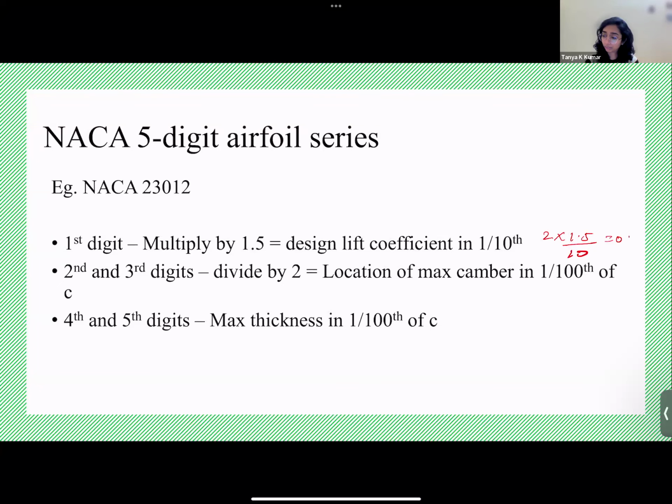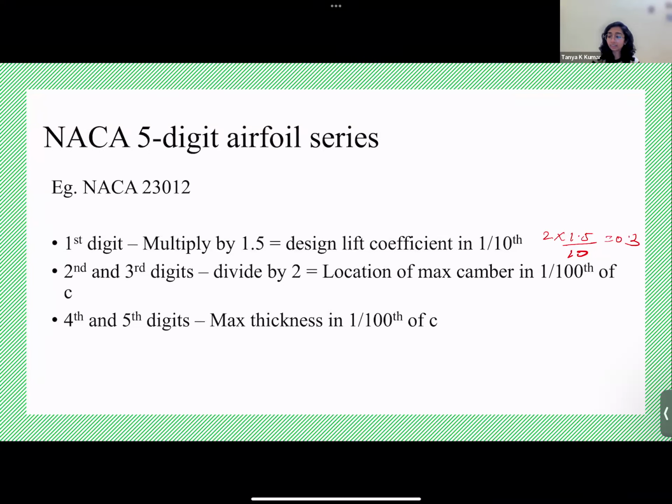What is this design lift coefficient? Also CL naught, right? It is the lift that the airfoil is designed to produce.